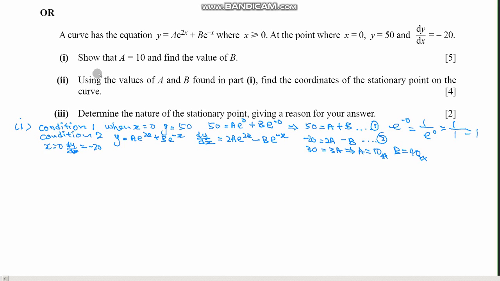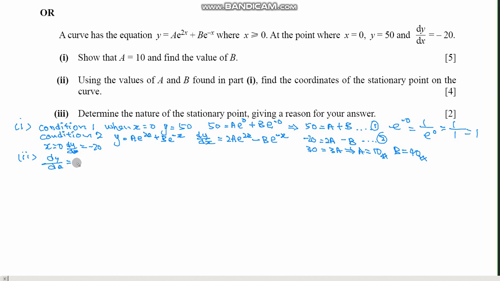Part 2: use the values of a and b found in part 1 and find the coordinates of the stationary point. That means your dy/dx becomes 0. Now your a and b are known, so let's look at your gradient function, which is dy/dx.